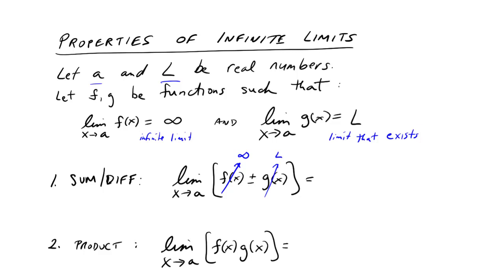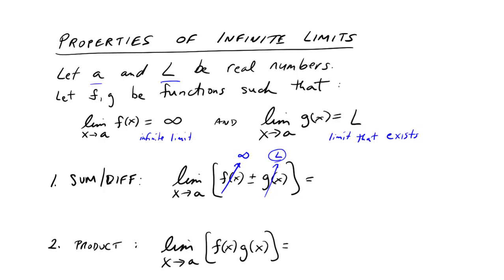So think about this whole quantity if we add them. We've got these giant numbers coming from f of x, and then we're going to add L to it, so maybe 5 or -3. In the limit, remember, f of x is just going to keep getting bigger and bigger. So essentially, this L is not going to have any effect.